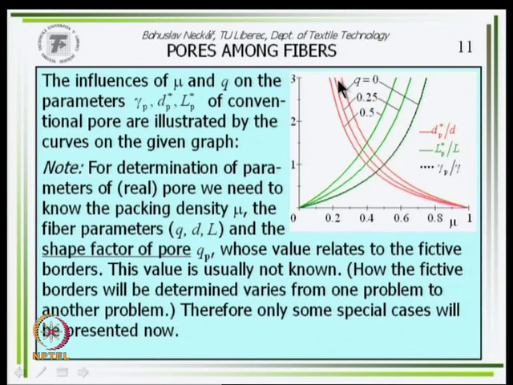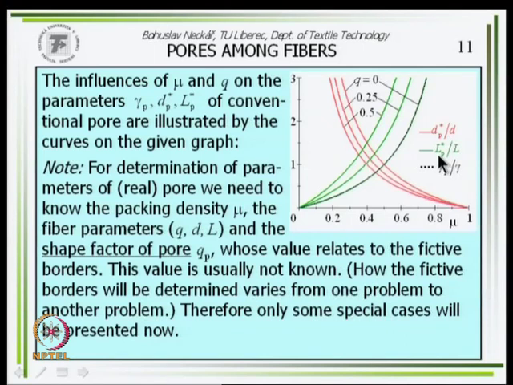When we use another type of fiber shape with different values of Q, here 3 are shown, 0, 0.25 and 0.5, shape factor of fiber cross-section, then the curves are a little higher, but not too much. So this is the relation of conventional pore diameter to packing density.